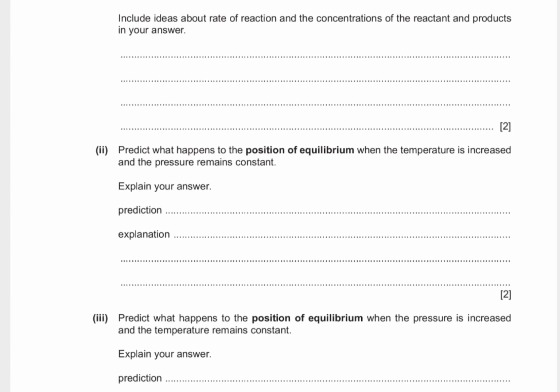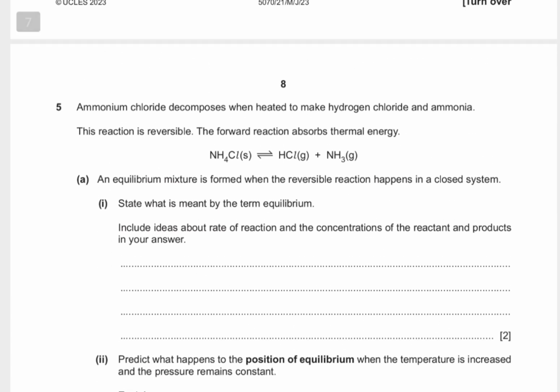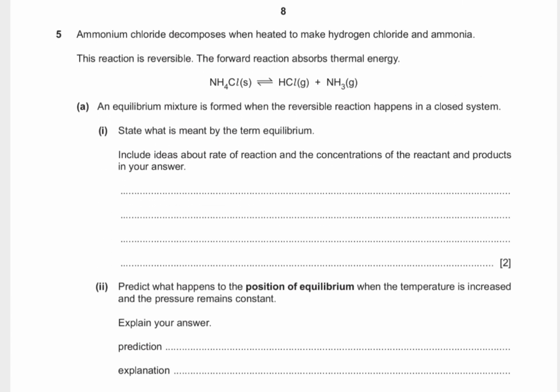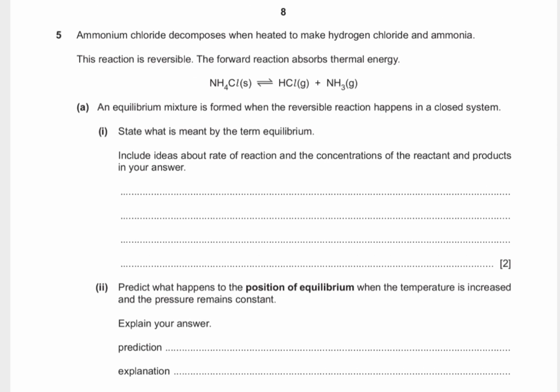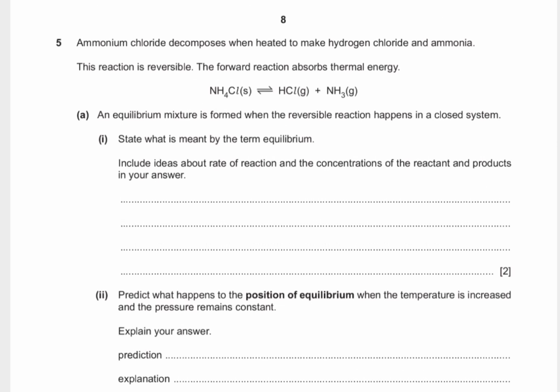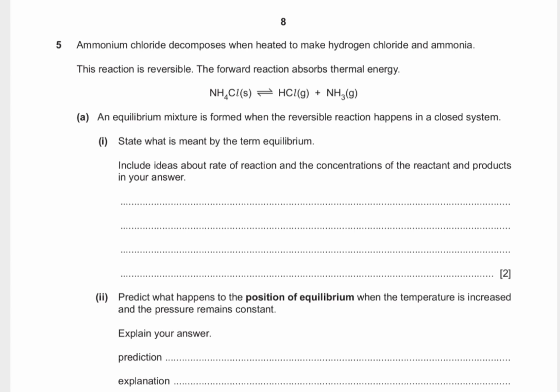Predict what happens to the position of equilibrium when the temperature is increased. As we can see, the pressure remains constant. You can see the reaction is reversible. The statement is very clear that ammonium chloride decomposes when heated, so it's an endothermic reaction.